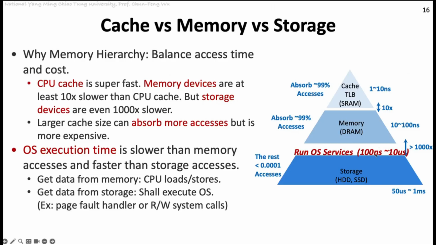But the good thing is the storage device usually takes like 50 microseconds. So even if it spends 1 microsecond running the operating system, you can save another 49 microseconds, and the CPU can go run any other process. It doesn't need to wait for the I/O completion. Page fault handlers and system calls are all related to the operating system.